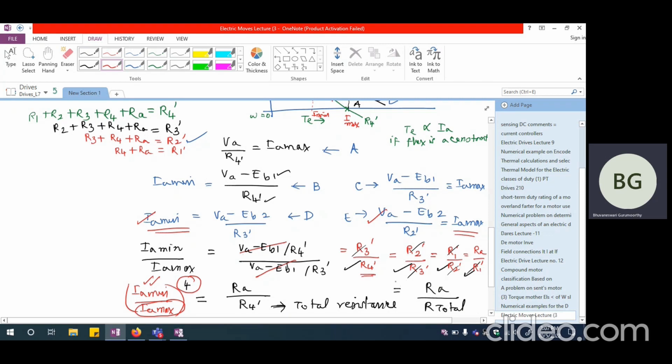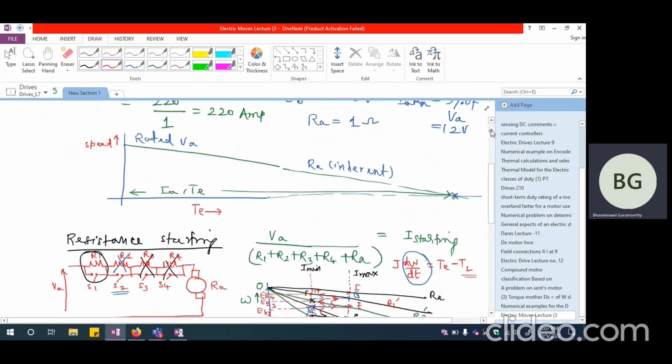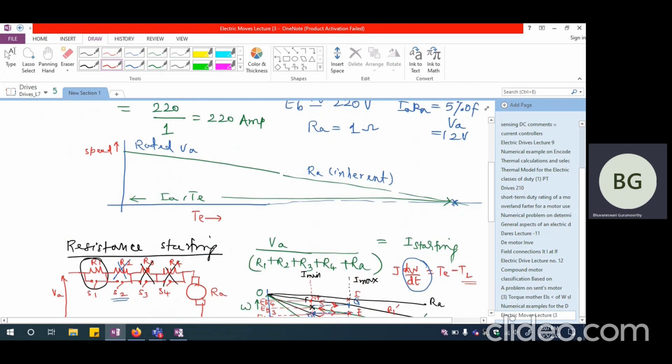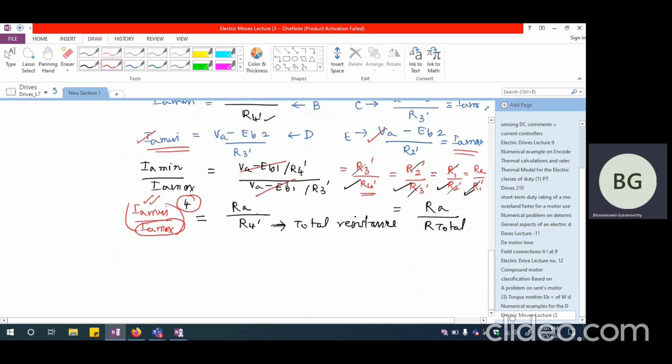So the starting of a DC motor normally is done in many of the cases by having external resistances inserted along with the armature. So most of the times what we use as the starting method is resistance starting.